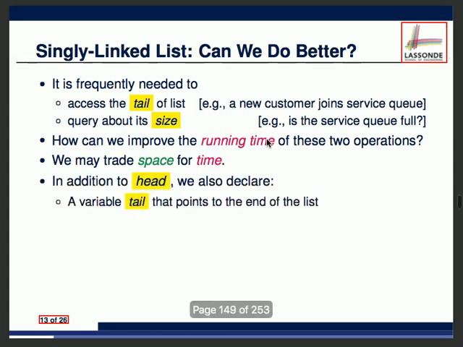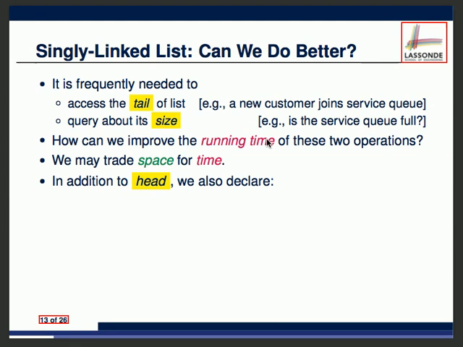Yeah, go ahead. Do we still have to go through the linear getSize and getTail? Okay, it depends. Let me clarify this. Before, we said that we only got one single attribute in the SinglyLinkedList, which is called head. That's all we got, which means any time we want to start traversing the list, we can only start from the beginning. That's why we actually need the loops for getSize and getTail.